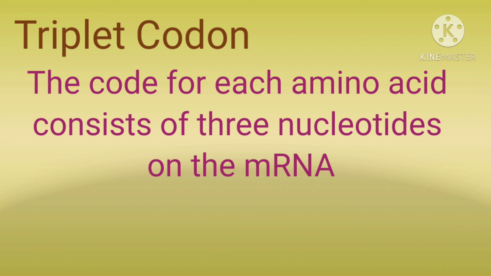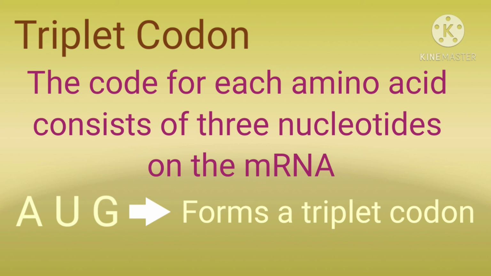For example, AUG forms a triplet codon. UGA also forms a triplet codon. They represent the 3 nucleotides present on the mRNA now.